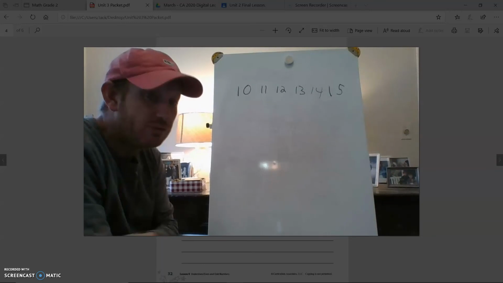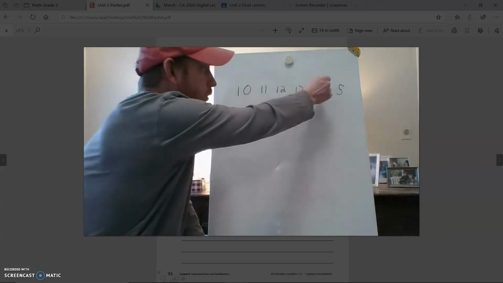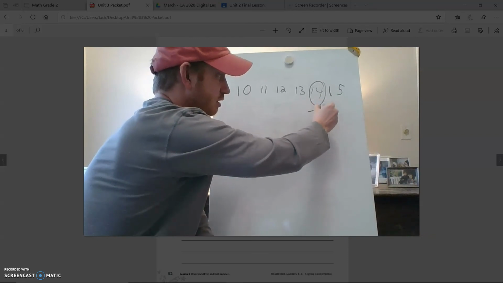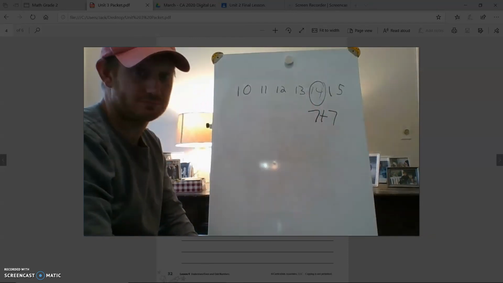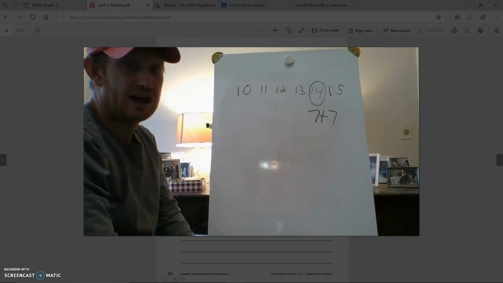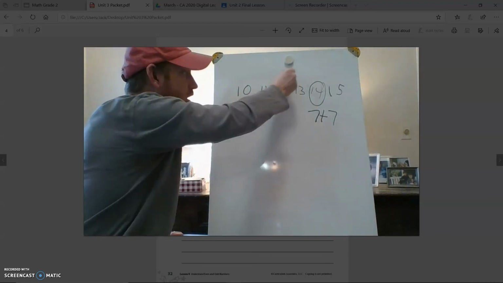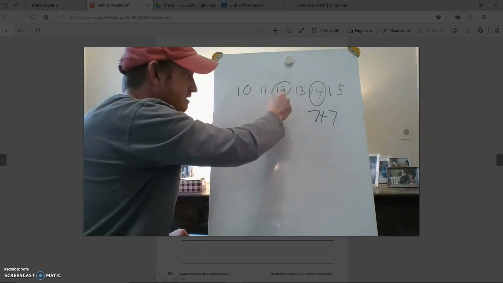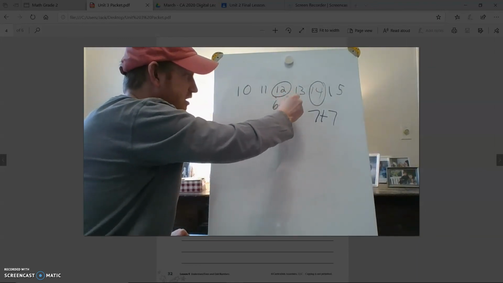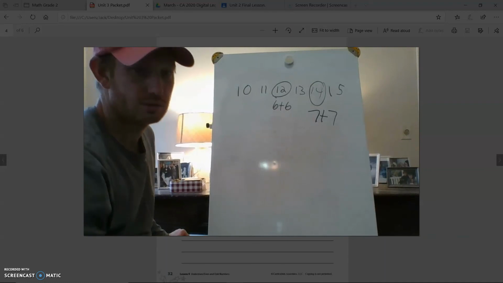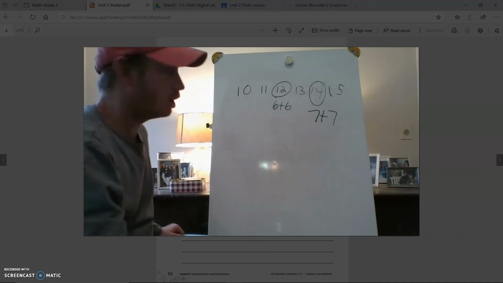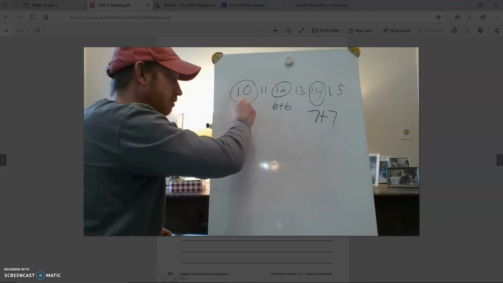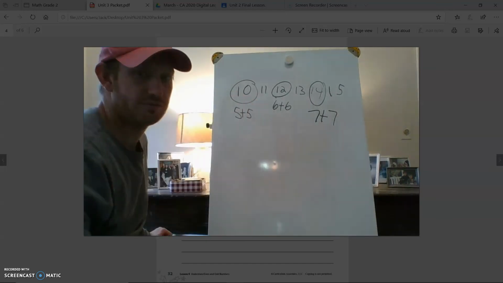Well, we've been doing these a while now, so we know 14 is even because 14 has 7 plus 7. And we know that 12 is even because it has 6 plus 6. And actually, we know that 10 is even because it has 5 plus 5.